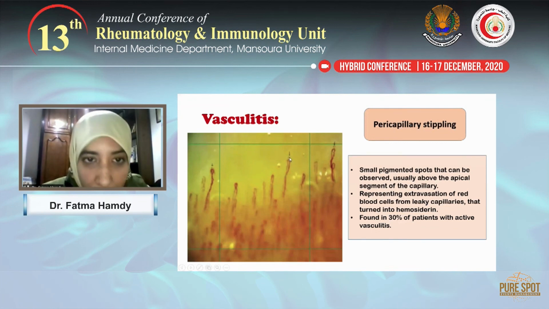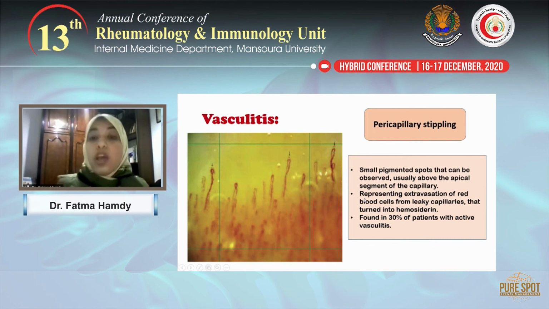These are small pigmented spots which can be seen over the apical segment of the capillary. It was found in about 30% of patients. It represents a leakage of blood cells from the capillary loops. It is found in about 30% of patients with vasculitis.